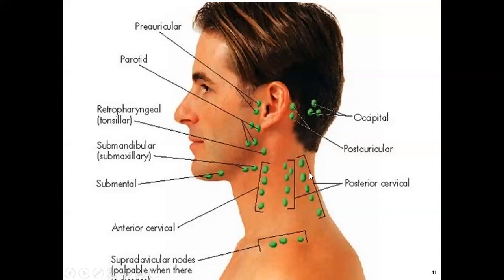The posterior chain, this one, runs along the trapezius muscle here. And the clavicular nodes drain the abdomen, thorax, or breast. And the supraclavicular node, this one particularly, is sometimes called the Virchow node. Okay.